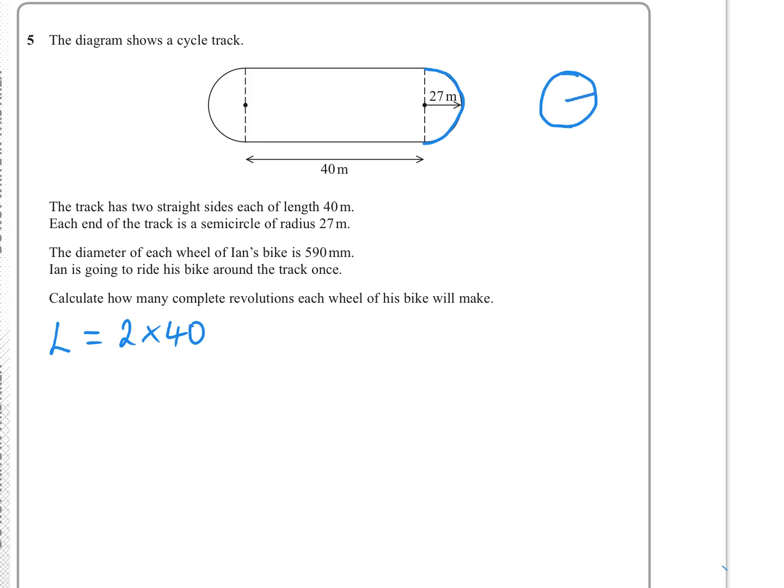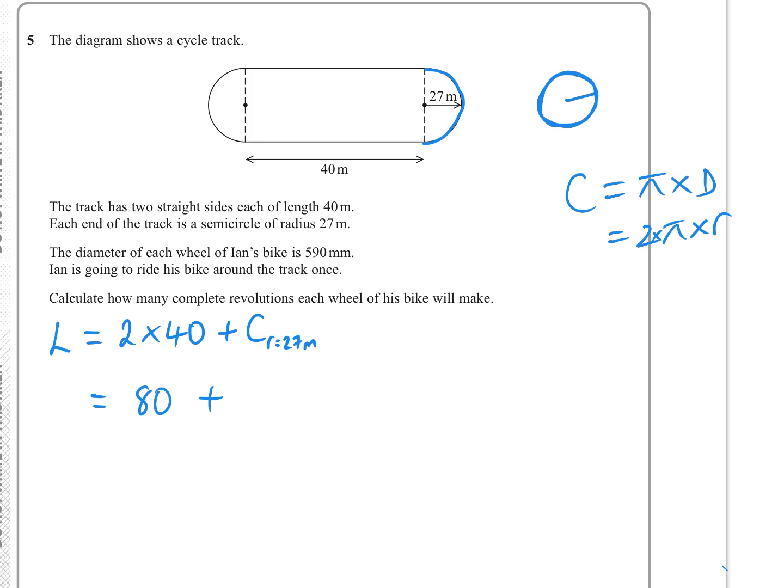So we can look at the circumference of a circle of radius 27 metres. So that would give us 80 plus the circumference of the circle is pi times the diameter, or 2 pi r, 2 times pi times r.